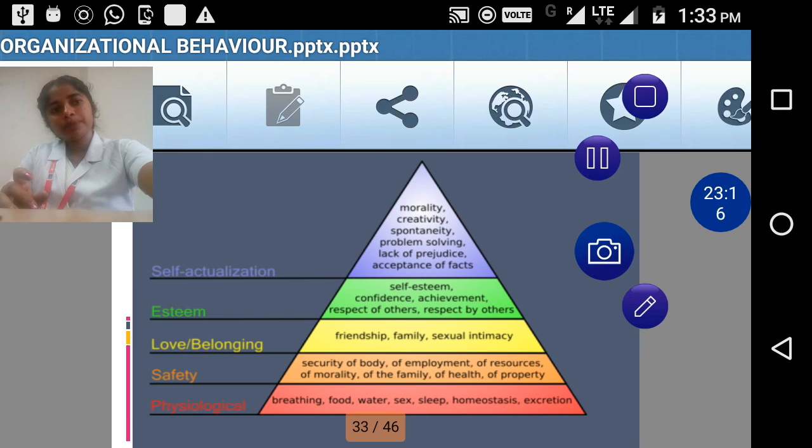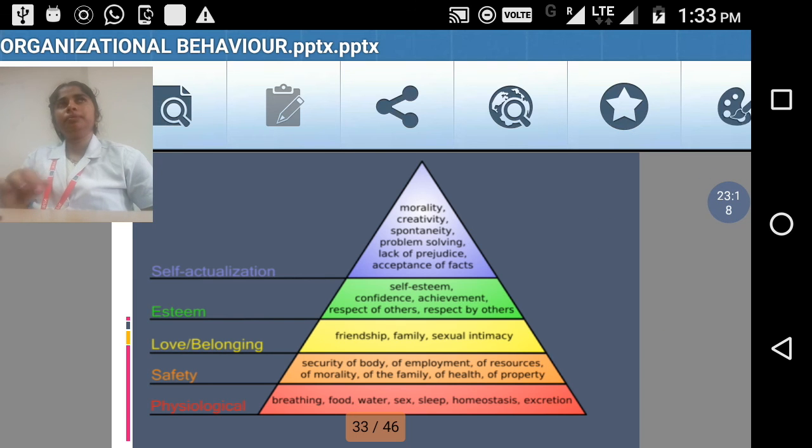If you talk about the physiological, we need to talk about the basic needs of the human being, like breathing, food, water, sleep, sex, homeostasis and excretion. These are all the basics in the physiological.